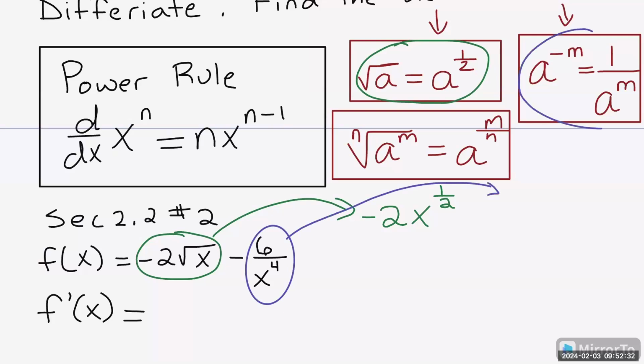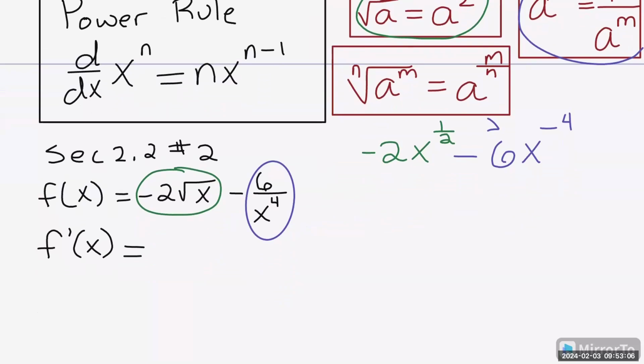I'll be using this rule right here, and I'm going to rewrite this as negative 6x raised to the power of negative 4. And so basically what I've done is I've rewritten these so that now I can find the derivative using the power rule. I've rewritten them so that they look like a power rule problem. And so I'm going to go ahead and do my power rule now.